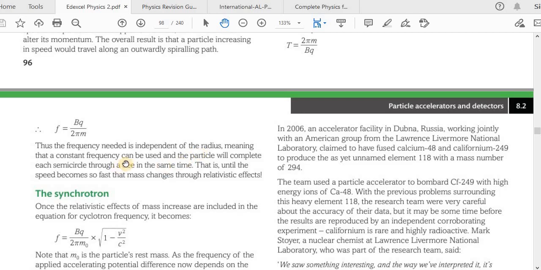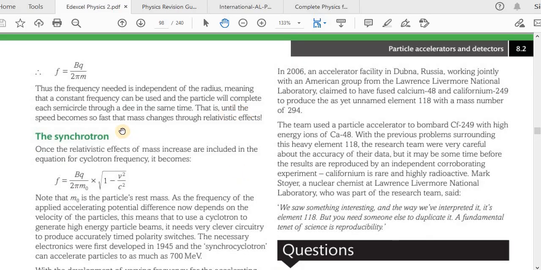So we can use a constant frequency, and the particle will complete each semicircle through a D in the same time. But remember, that is until the speed becomes so fast that the mass changes through the relativistic effect, because here you have mass. So the mass changes, then the frequency changes.